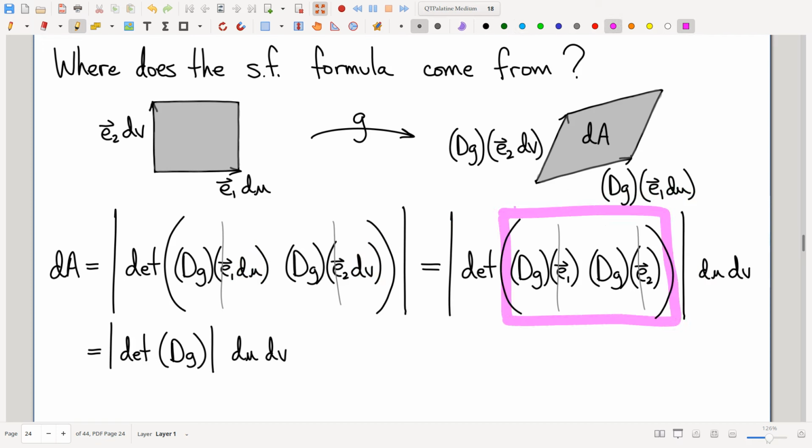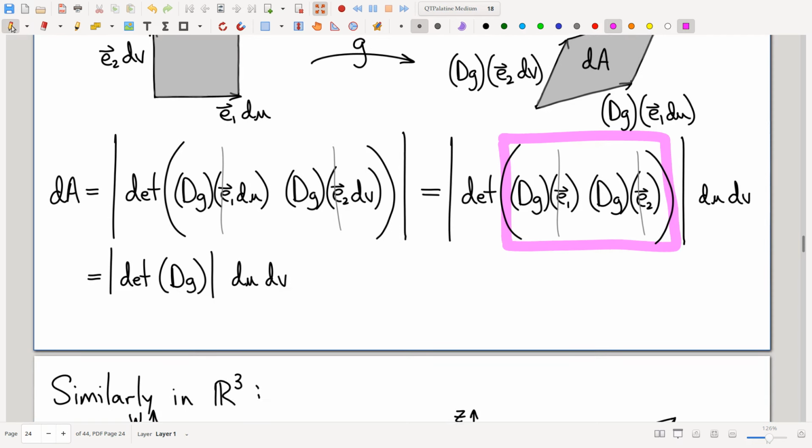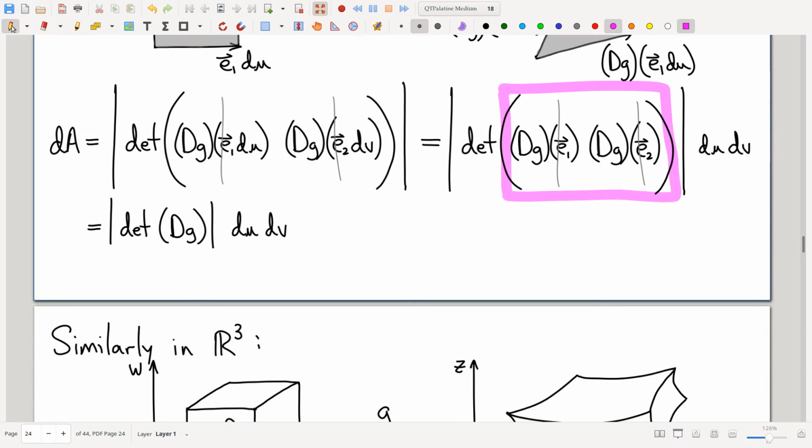How am I going to deal with this matrix? There's various different ways to see that this is just DG. I would encourage you to think of this as DG times a matrix whose first column is E1 and whose second column is E2. That's just a little bit of matrix multiplication, linear algebra.